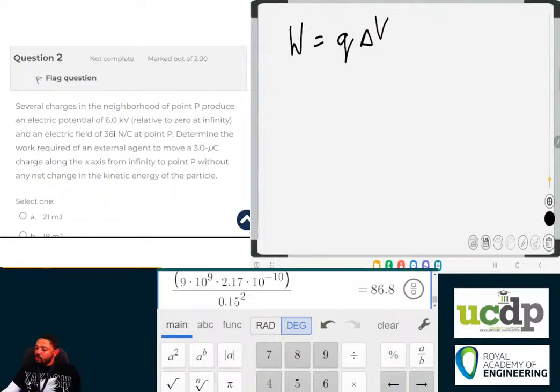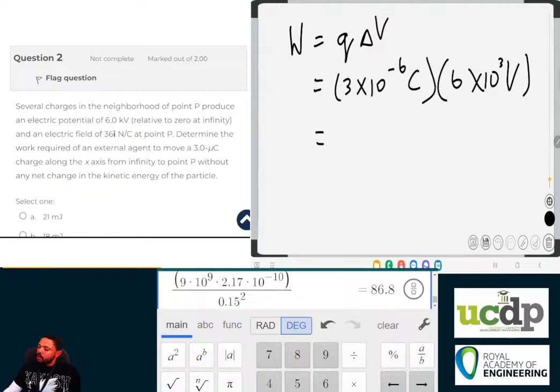The charge is 3 times 10 to the negative 6 coulombs, multiplied by the change in potential relative to infinity, which is 6 kilovolt, or 6 times 10 to the 3 volts.